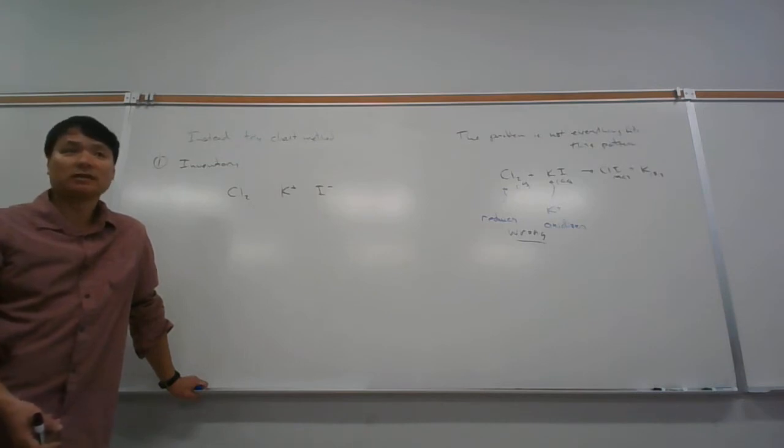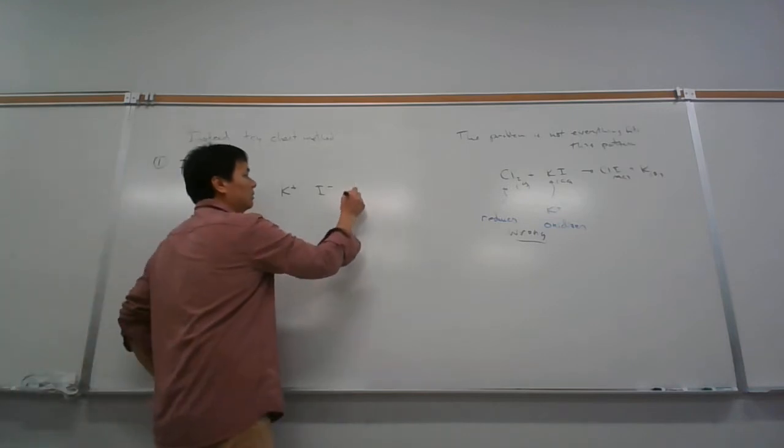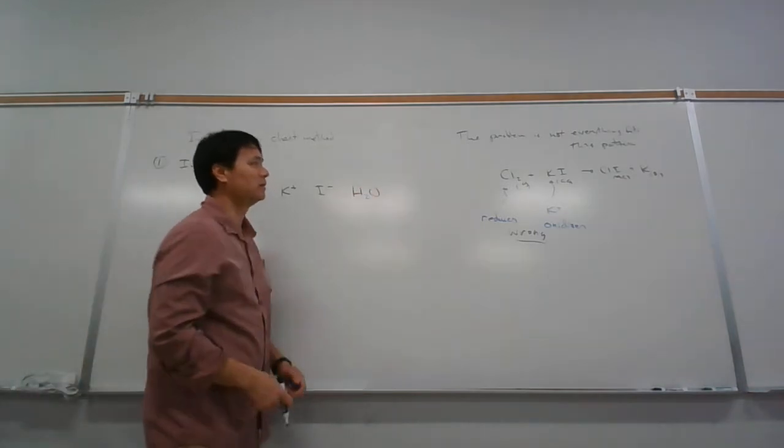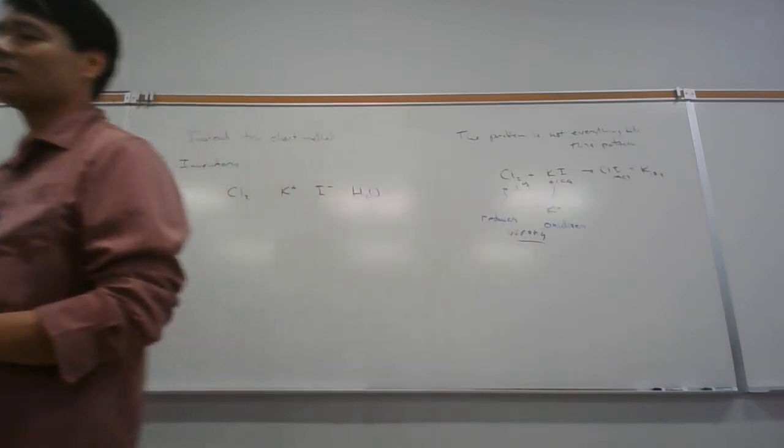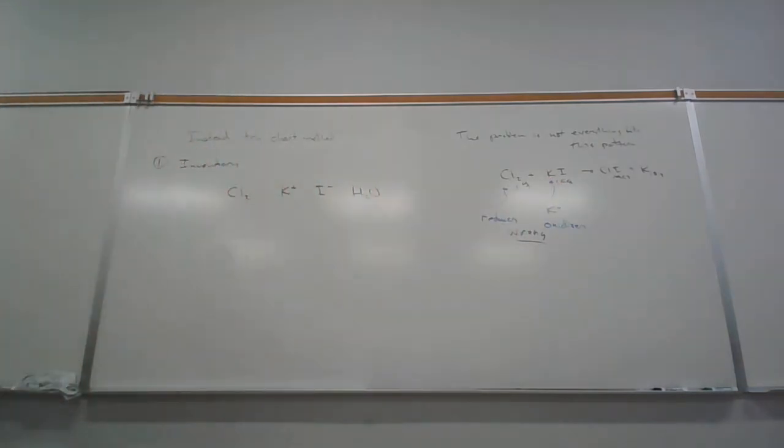There's a lot of it. Water, it's aqueous. Yeah, it's water. This is not solid potassium iodide. Aqueous means there's lots of water to dissolve that potassium iodide. So we have to factor that in.